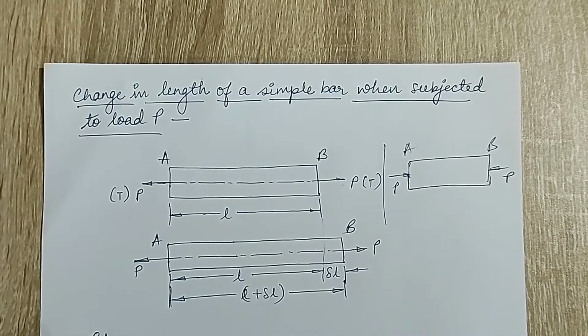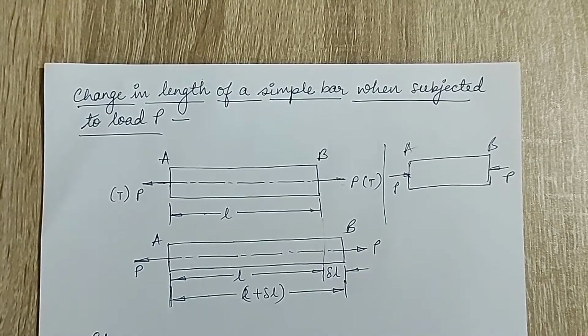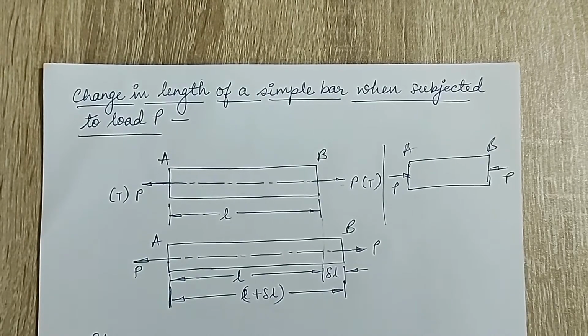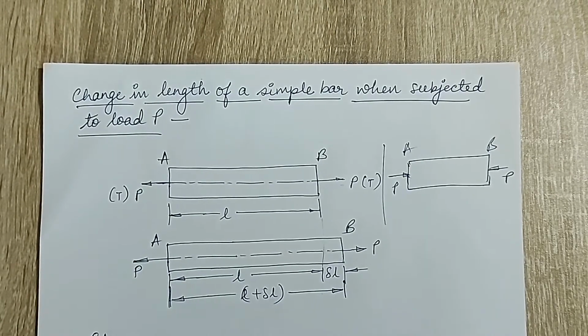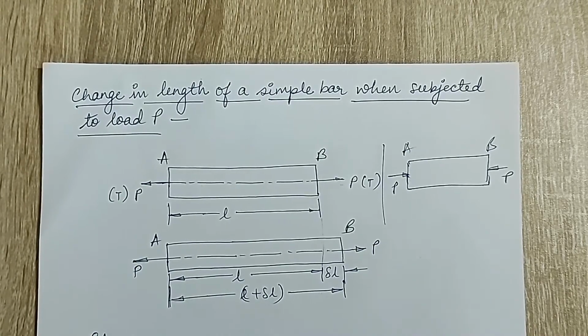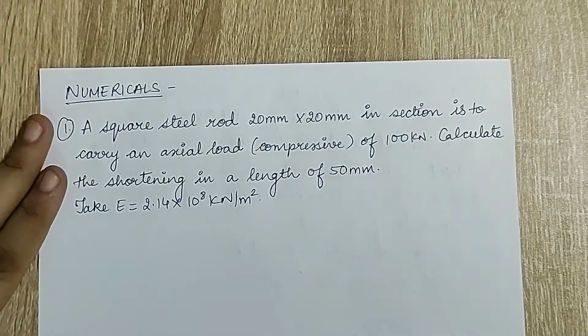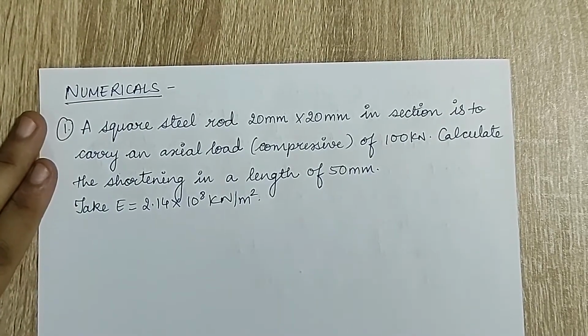If you have a positive answer of delta L, it would signify that the bar is under tensile loading, and if you get a negative answer, it would signify that the bar is under compressive loading. Next I will take up a numerical based on this formula which we have just discussed.